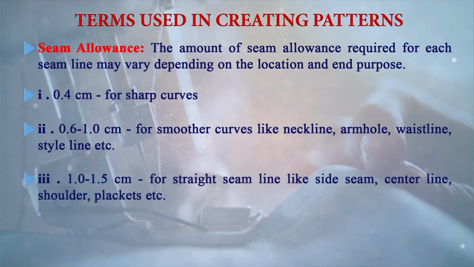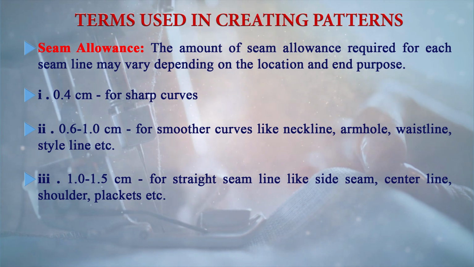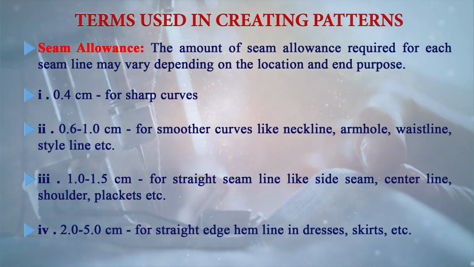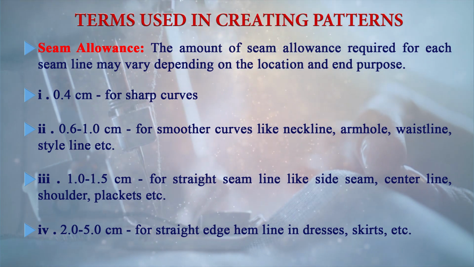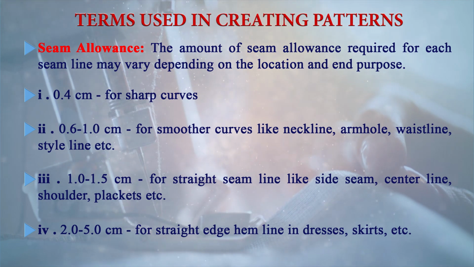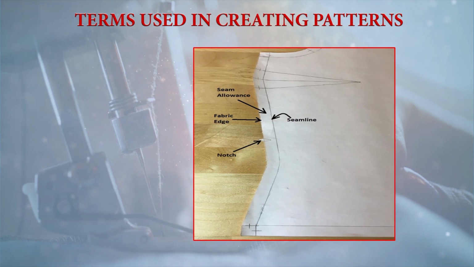For the straight seam lines like side seam, center line, shoulder plackets, we use 1 to 1.5 centimeter. Then for the straight edges, hemline in dresses and skirts, we generally use 2 to 5 centimeter of seam allowance. So this is how the seam allowance looks like.